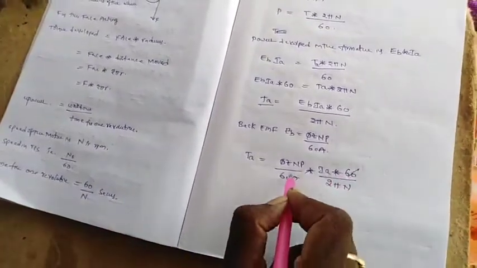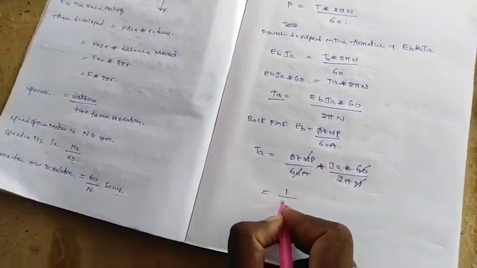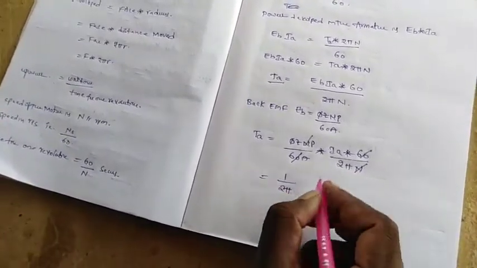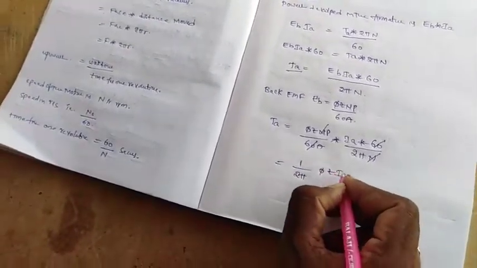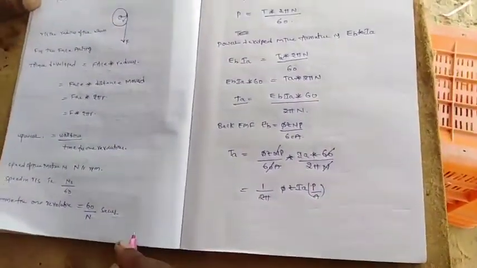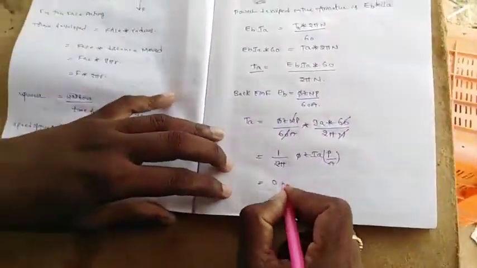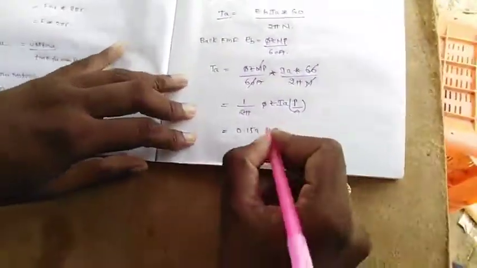So cancel 60 and speed N. We get 1 by 2 pi into pi Z IA into P by A. So 1 by 2 pi is 0.159.